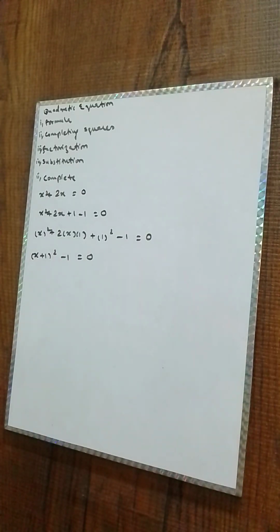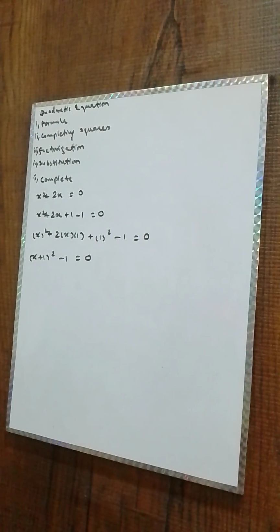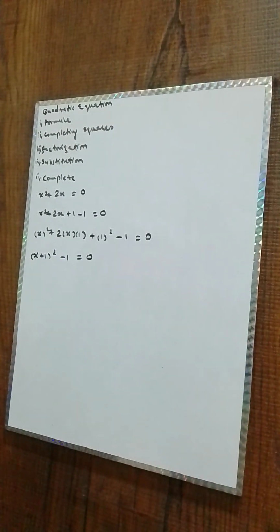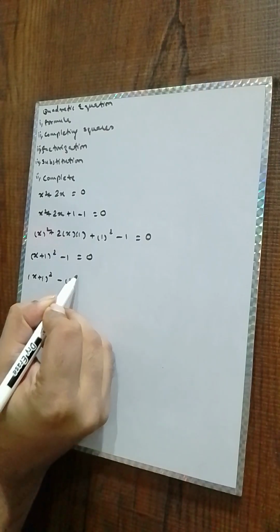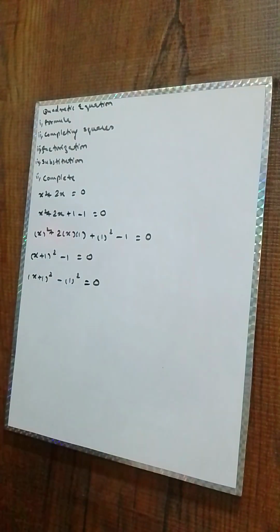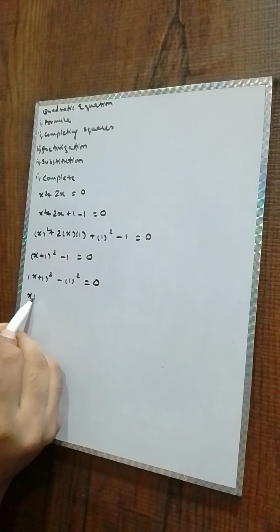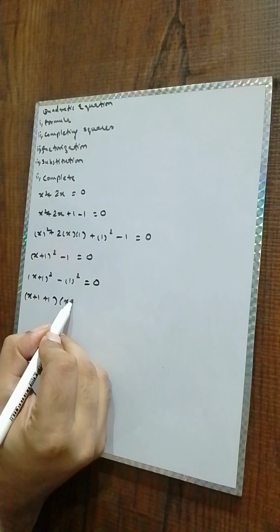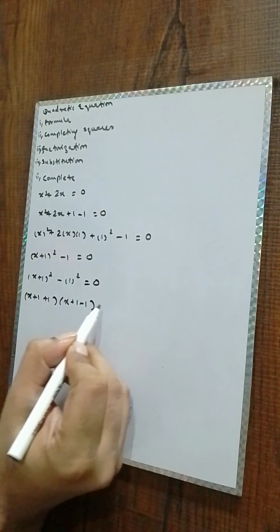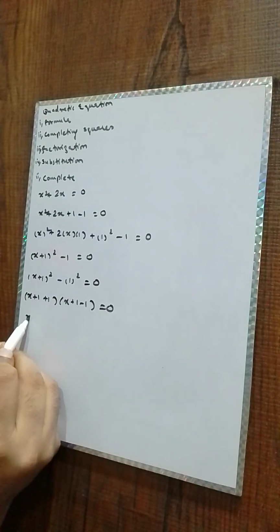So this becomes interesting, because the next iteration will give us x plus 1 whole square minus 1 whole square is equal to 0. Yes, square of 1 is 1, so we can do this mathematical manipulation. So what it does is x plus 1 plus 1 times x plus 1 minus 1 is equal to 0.